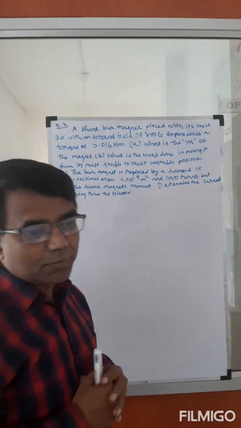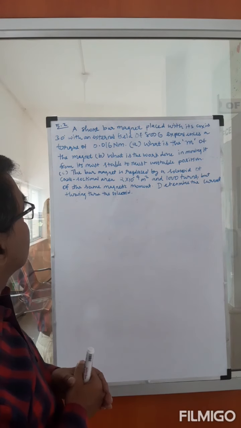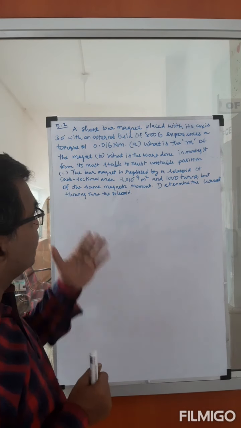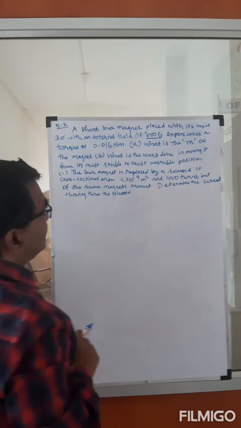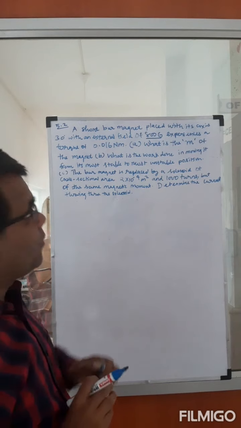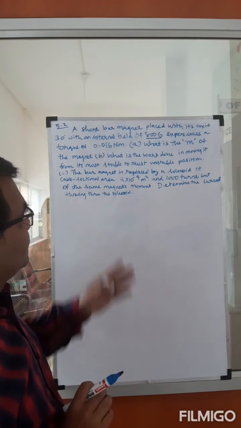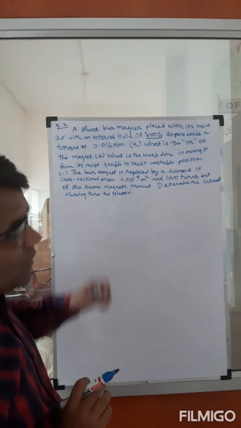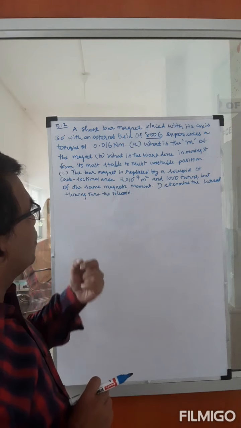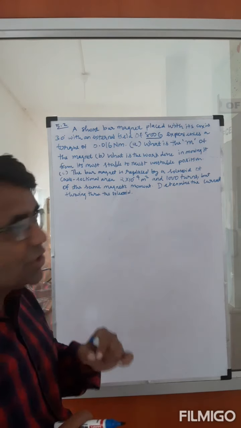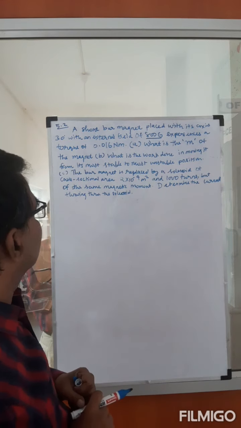Now let's look at example 5.2. Let me read the problem. A short bar magnet placed with its axis at 30 degrees to an external field of 800 Gauss experiences a torque of 0.016 Newton meters. A: what is the magnetic moment of the magnet? B: what is the work done in moving it from its most stable to its most unstable position?